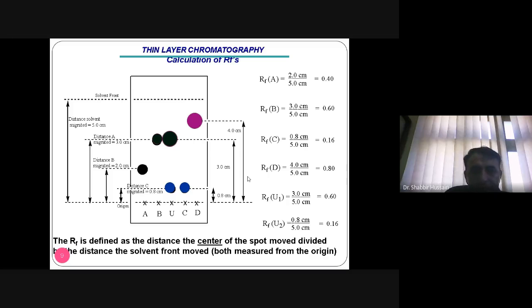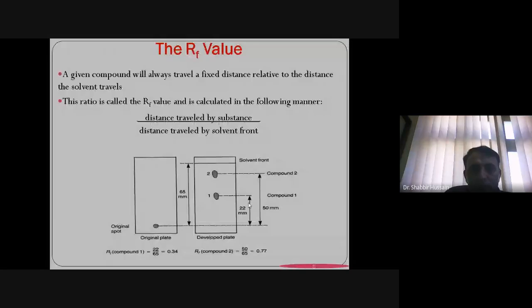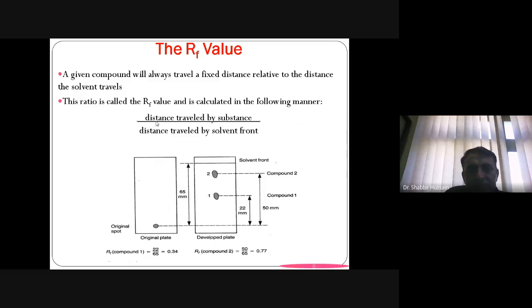RF value निकालते हैं। RF value I have already discussed with you: that is, distance traveled by the substance divided by distance traveled by the solvent. Suppose there are these two compounds, we have put a mixture like this one here. Now after development in TLC, these two compounds are separated.